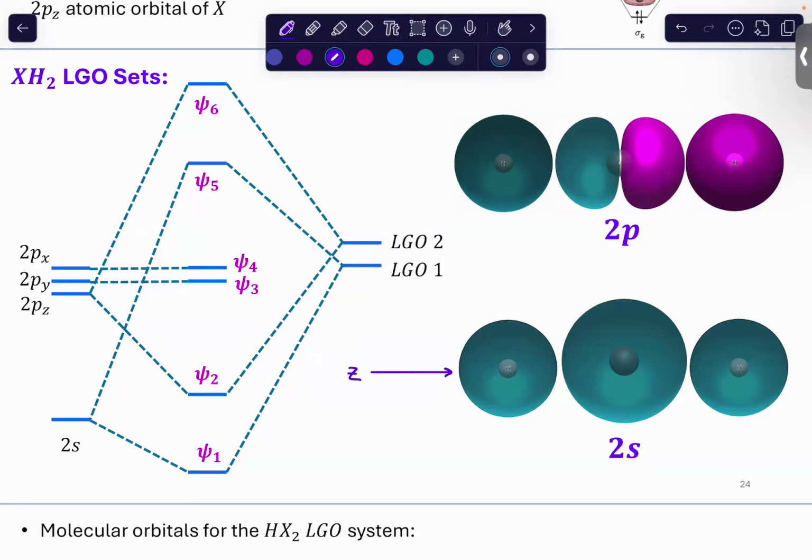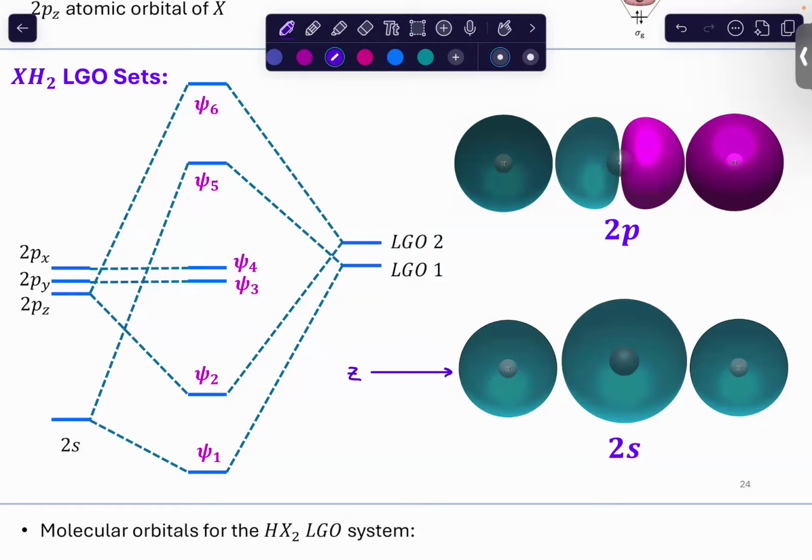Now, you go up top. That may be a p, so that's going to be a 2pz orbital interacting with the s orbitals. But you can get a couple of combinations there. You can get an antibonding combination if you flip that pz around. You can get a bonding combination when you have the pz like this, where the phases line up. And if you look at the symmetry of those, they have the exact same symmetry.